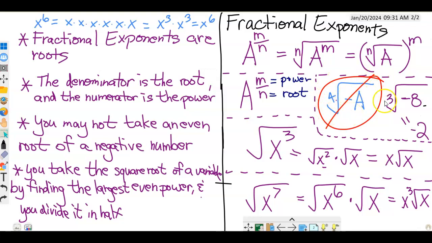So that's why I've got the red circle with a line through it saying no, you cannot do this. Why? There is no negative number that when you multiply it an even number of times will give you a negative number. That's not how numbers work.